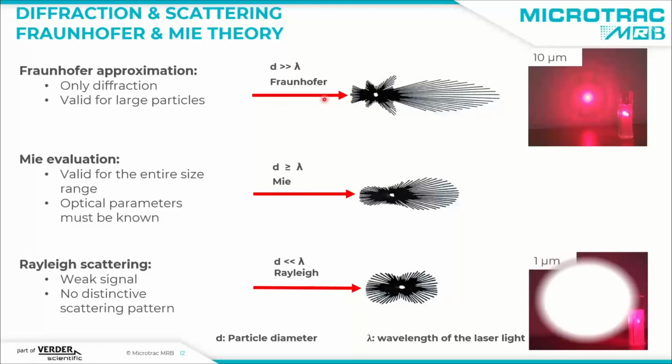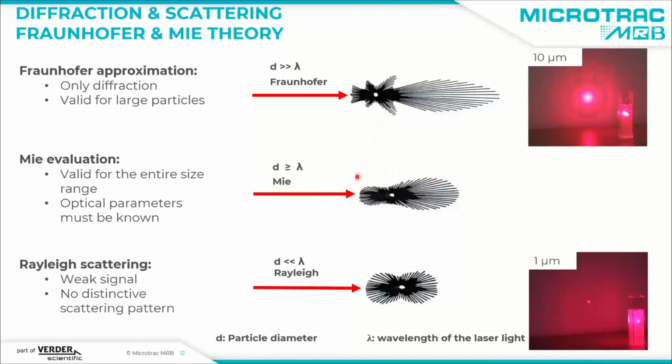When you have smaller particles, like this is the same experiment for 1 micrometer, you see that these diffraction rings somehow disappear and the scattering gets more uniform. You still have more light scattered in forward direction than to the side. So here's a lot in forward direction, not so much to the side, but these rings, they disappear.